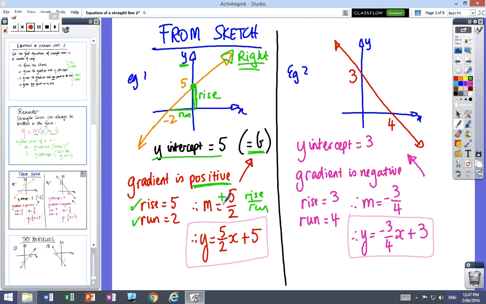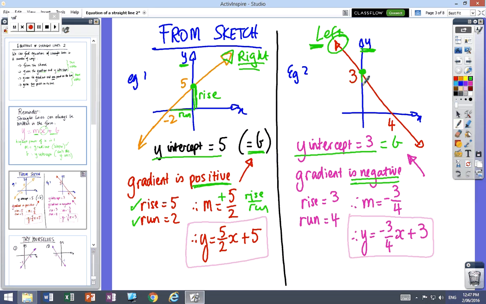Okay, looking at the second one. This one is heading up to the left. Here's the y-axis, and this is where it crosses the y-axis, so the y-intercept is 3, and that's the value of b. The gradient is going to the left, so it's a negative gradient.